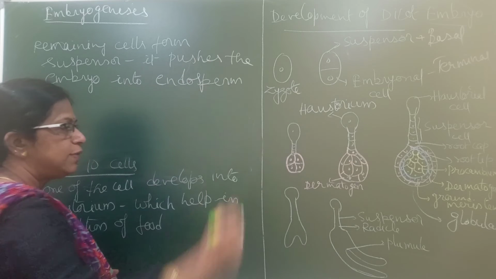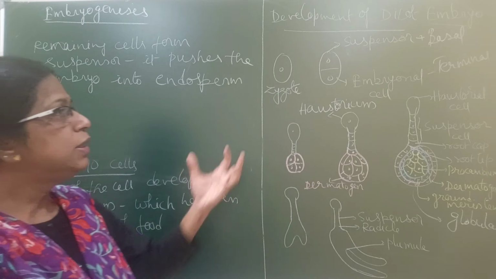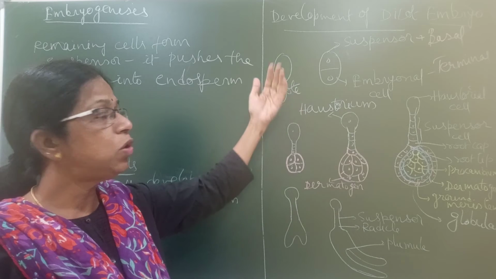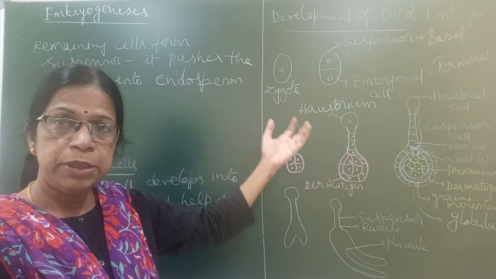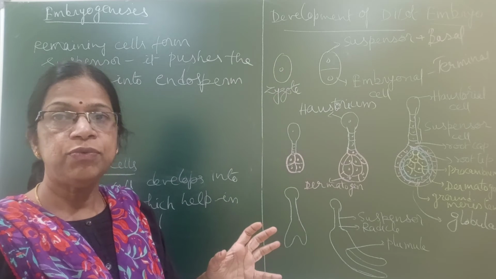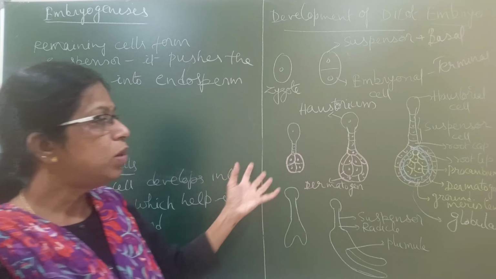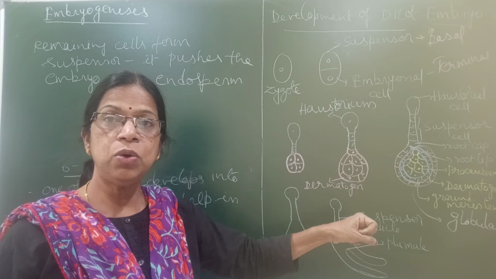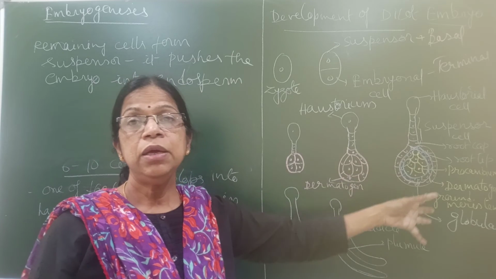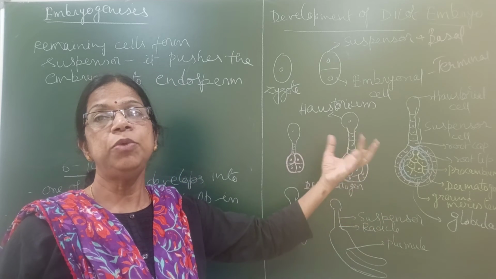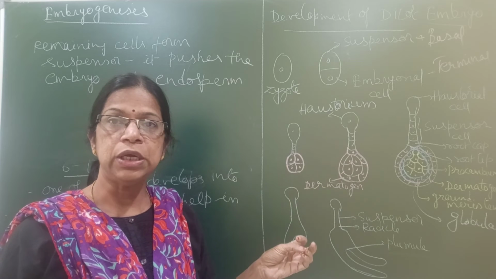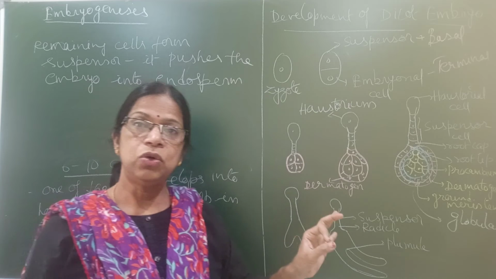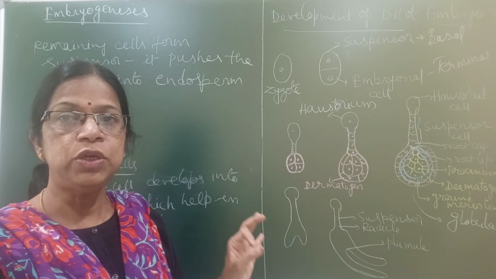So now we have seen how it develops. Starting from a single cell, first two cells are formed, upper and lower, or basal and terminal. The terminal cell is called the embryo proper, which further divides and forms the embryo. After reaching the globular embryo, it forms the 3 embryonal layers. Each embryonal layer, depending on its location, gives rise to one particular tissue of the root.